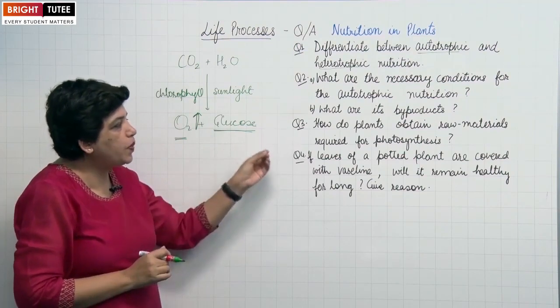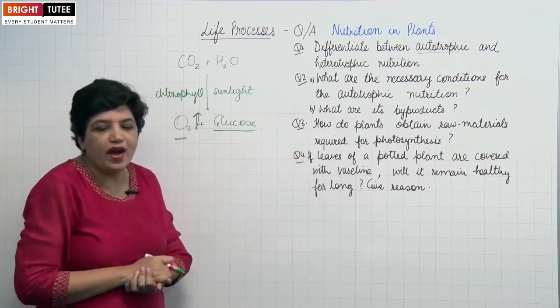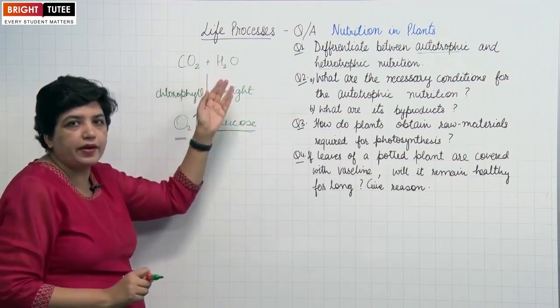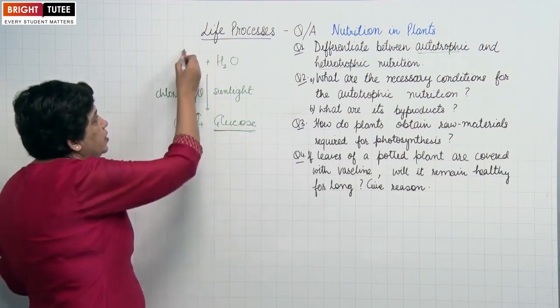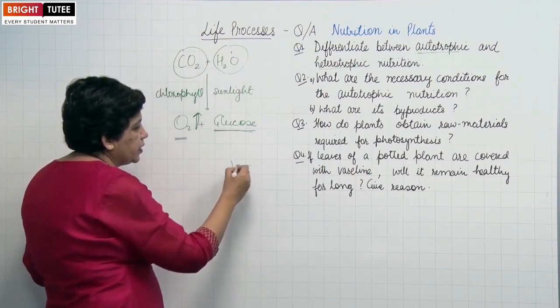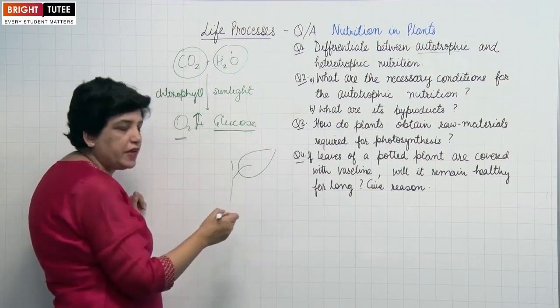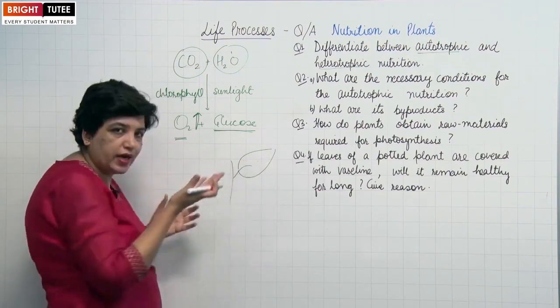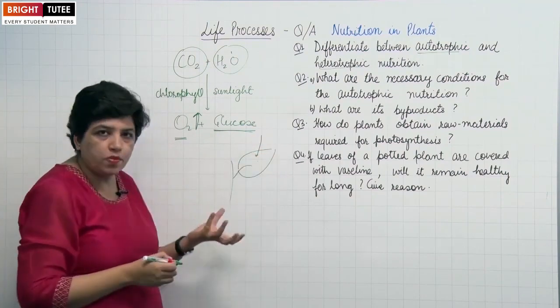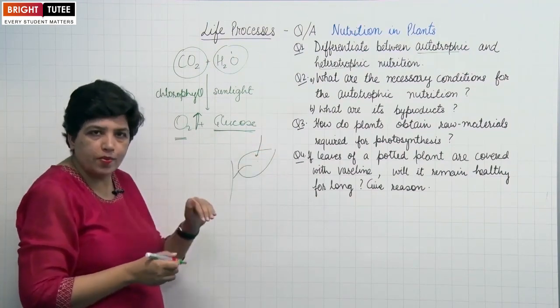Third, how do plants obtain raw material required for photosynthesis? Now, I just told you plants need carbon dioxide and water. So how do they obtain these two raw materials? So basically, on the leaves, there are tiny pores on the underside called stomata. So carbon dioxide is absorbed from the air through stomata.